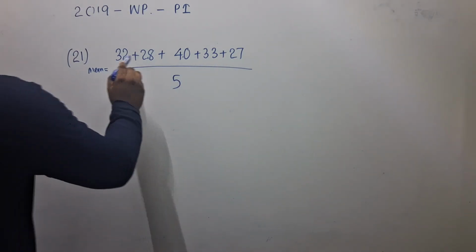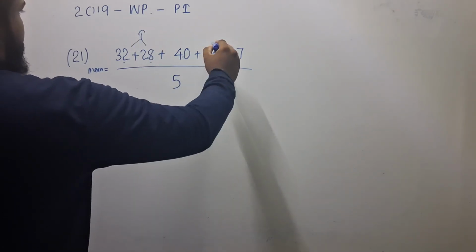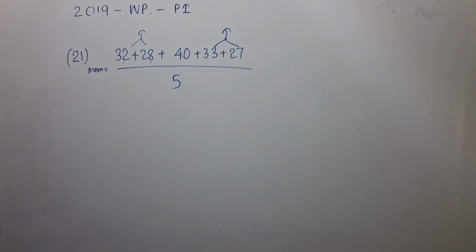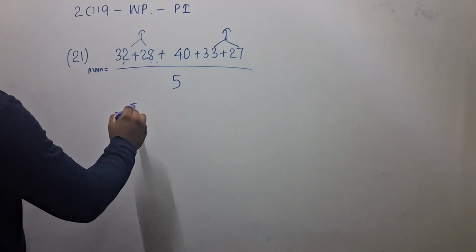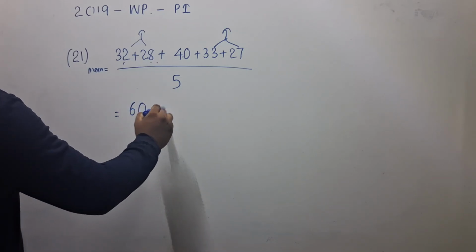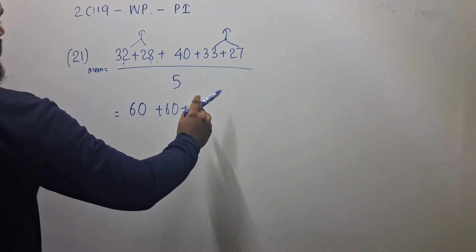When you see a 2 and 8, it's easy to add because it gives 10. And when you see 3 and 7, it's easy to add. It gives 10. 32 plus 28 gives you 60. Plus 40 plus 33 plus 27, which also gives you 60.